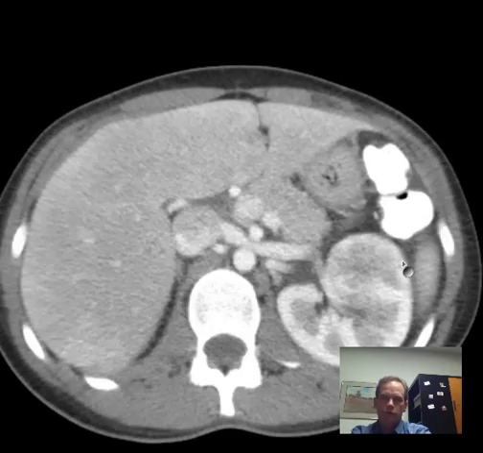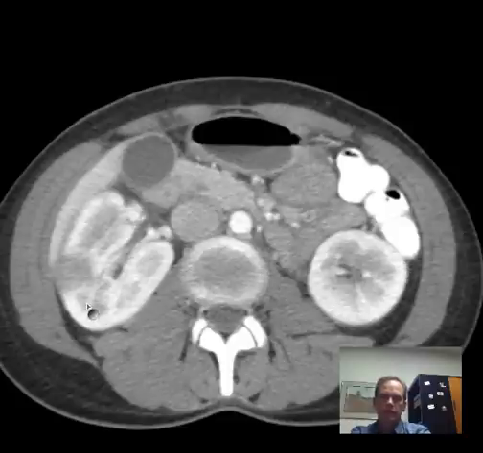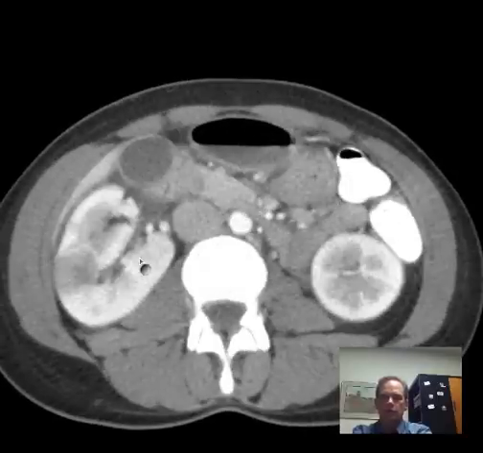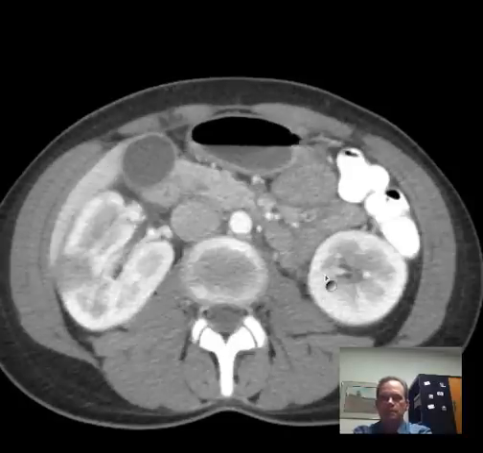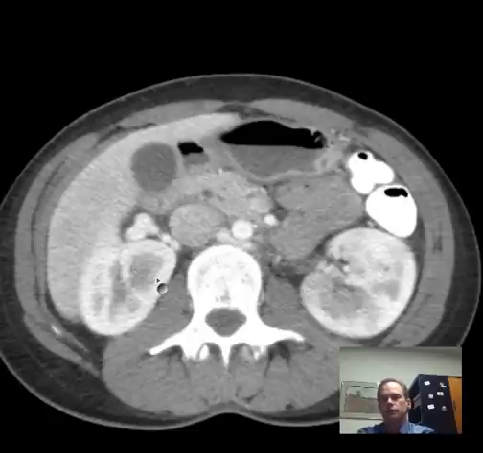This is very interesting. Ordinarily, normal kidneys will enhance very uniformly, and notice also very, very symmetrically. There are phases of renal enhancement that occur over a relatively short period of time, but they are pretty much right on the button when it comes to being quite even from one side to another.